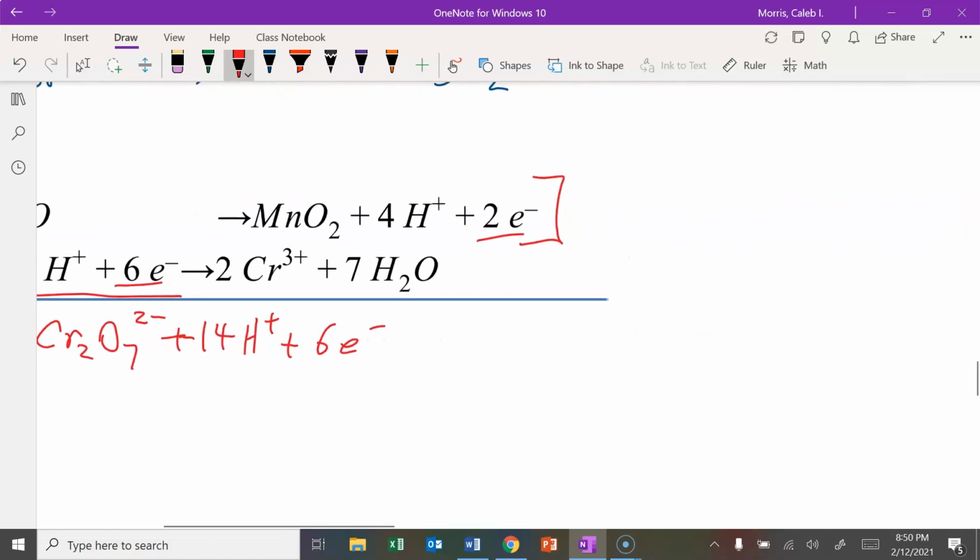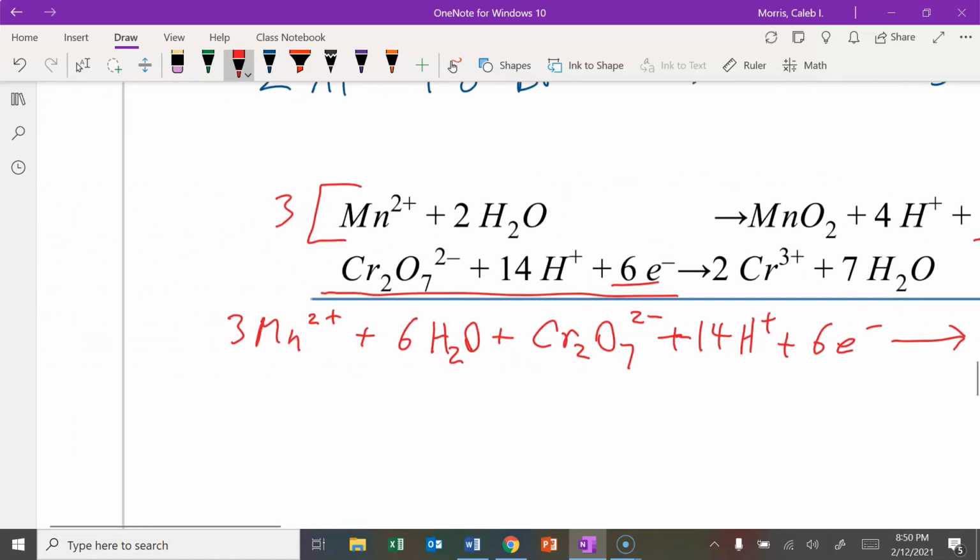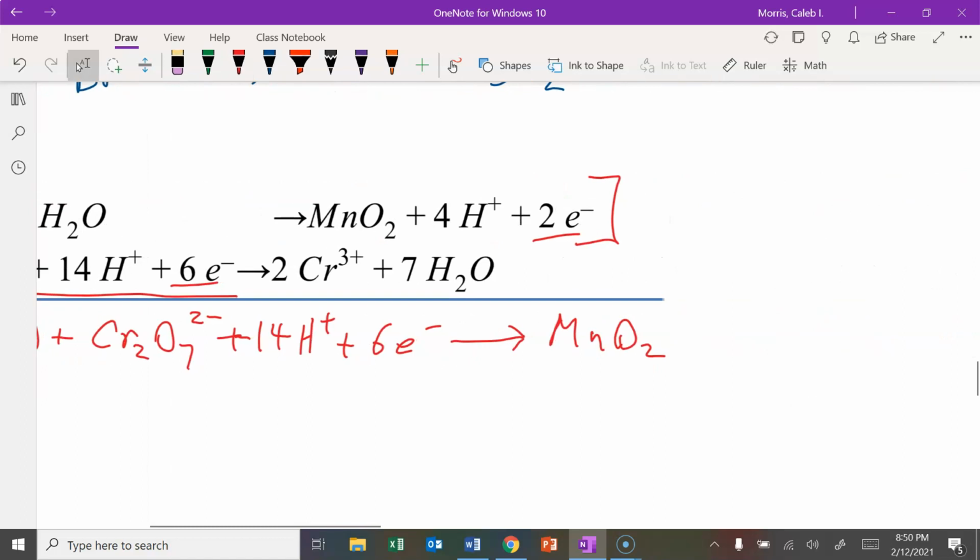Now I'm ready to go to the product side. Don't forget you're looking at the top reaction and the bottom reaction both. So I'm going to start with the top one. MnO2, and don't forget, we just multiplied by 3. The whole top reaction is multiplied by 3. Plus 3 times 4, it's 12 H+.